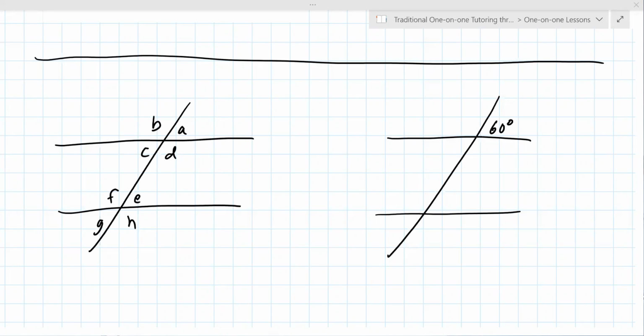Okay, but in problem 8 here, why is 5x equal to 3x plus 50? They are corresponding angles. Yes, corresponding. Perfect. And so you learned about how to solve equations in algebra so that you could solve these.